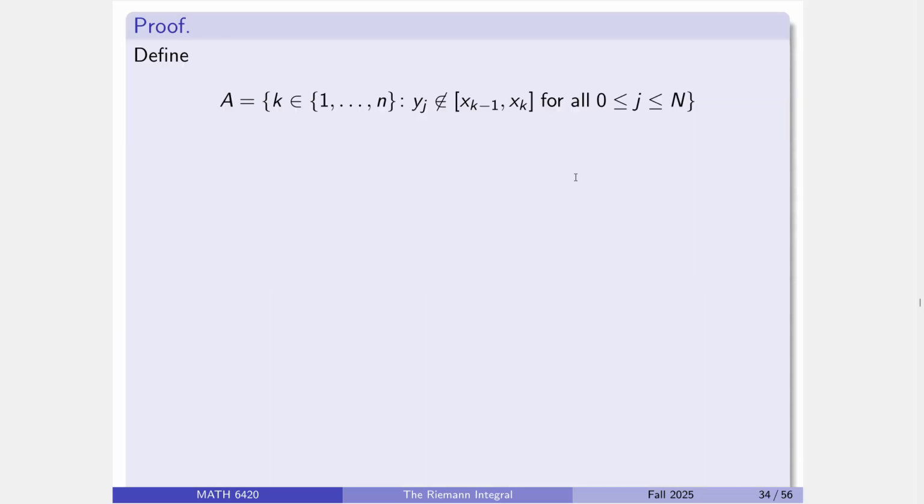So it's going to be very similar to what we had done before, which is, well, let's look at the points that don't land where we want them to land.